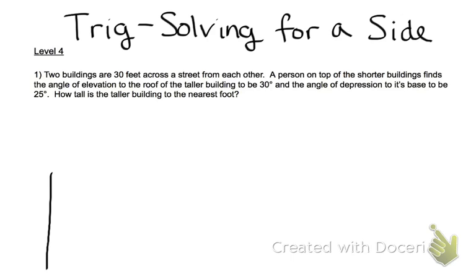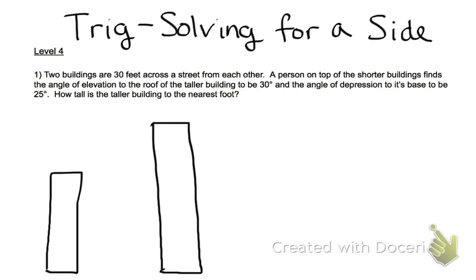So let me draw this picture. So we have our shorter building, and then 30 feet away, I have this taller building, and I have someone standing on top of it. All right, now let me start trying to fill it in.